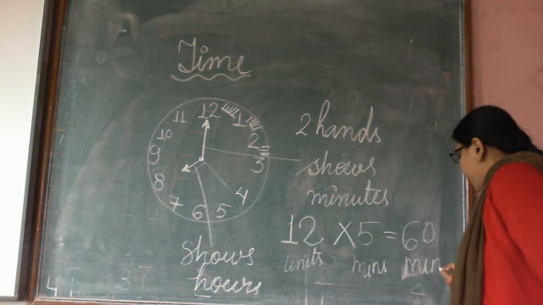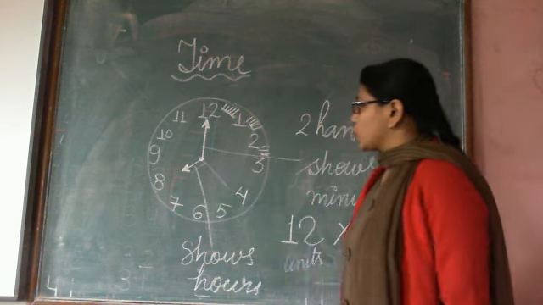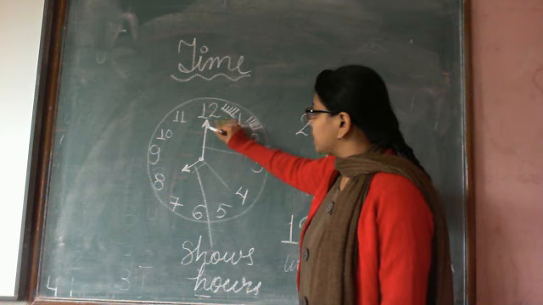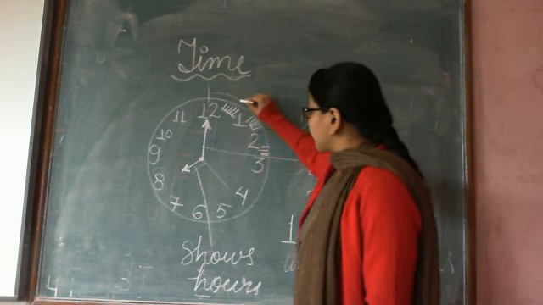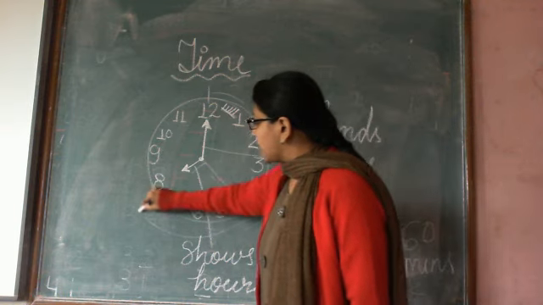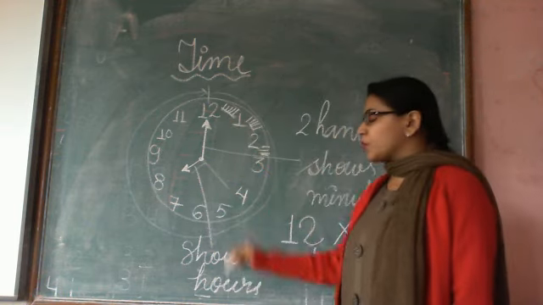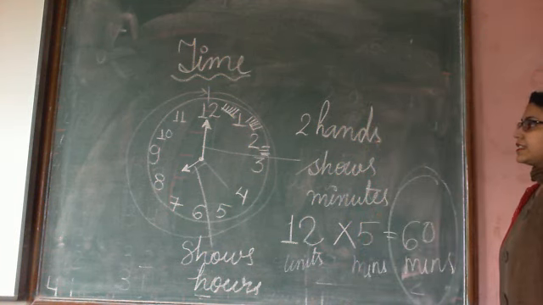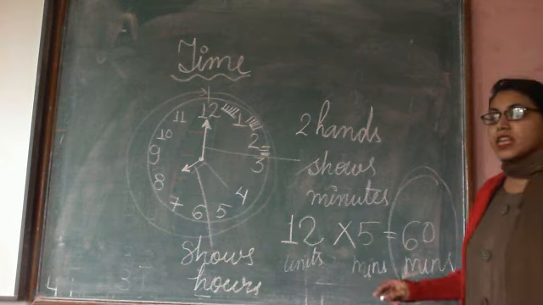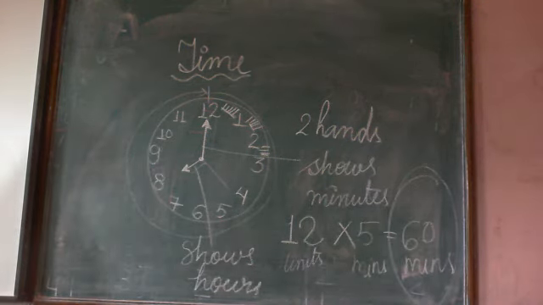So there are overall 60 minutes. If the minute hand starts from 12 and after completing a circle comes to 12 once again, the total time will be 60 minutes.